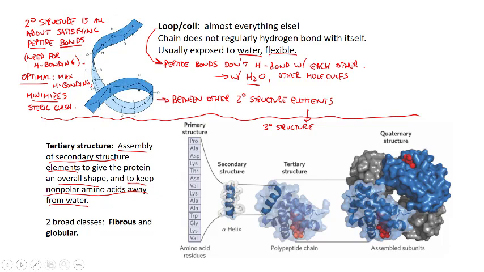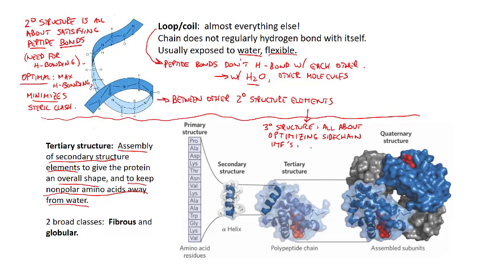Here's how I think you should keep secondary and tertiary structure clear in your mind. Secondary structure is all about peptide bonds. Tertiary structure is all about side chains. It's all about optimizing side chain intermolecular forces.